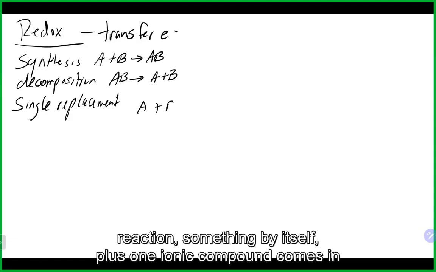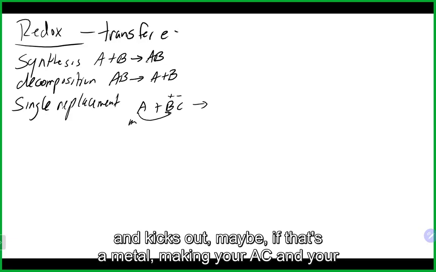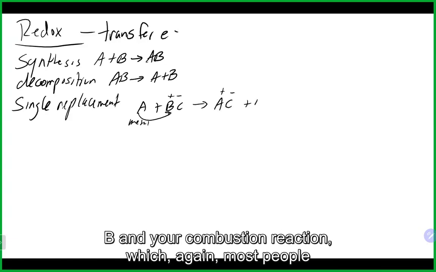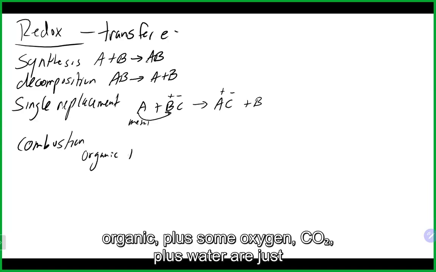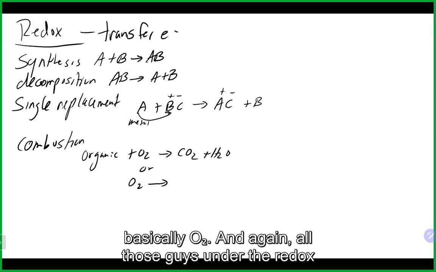Something by itself plus one ionic compound comes in and kicks out, maybe if that's a metal, making your AC and your B. And your combustion reaction, which again, most people, organic plus some oxygen, CO2 plus water, are just basically O2.